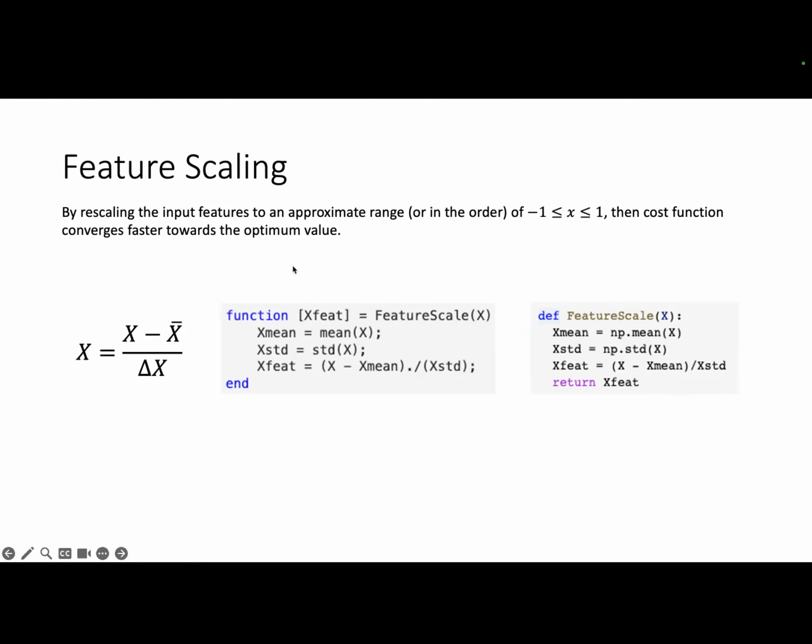From research, mas maganda na i-rescale lahat ng mga input features in such a way na yung values ng x is between -1 and 1. It turns out na mas mabilis yung pag-converge ng cost function if we do this feature scaling.